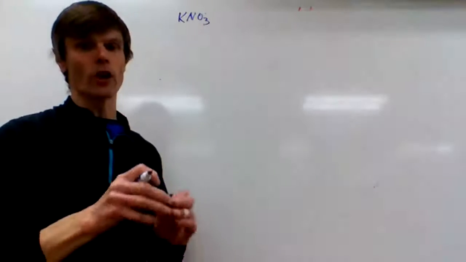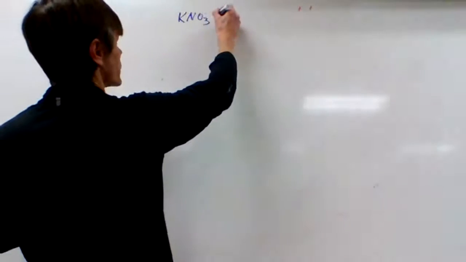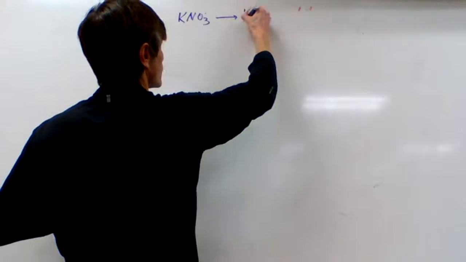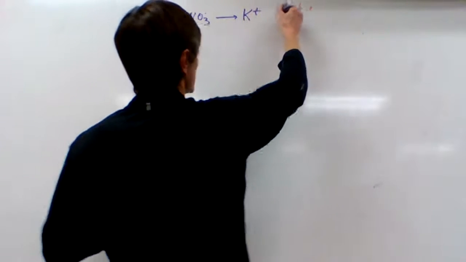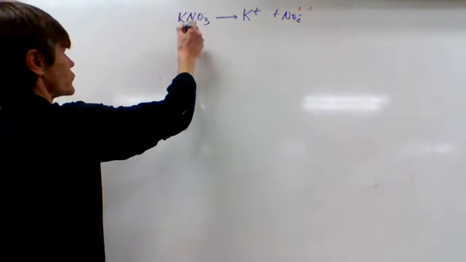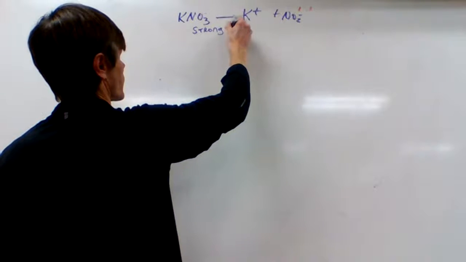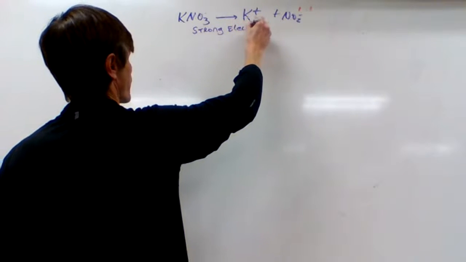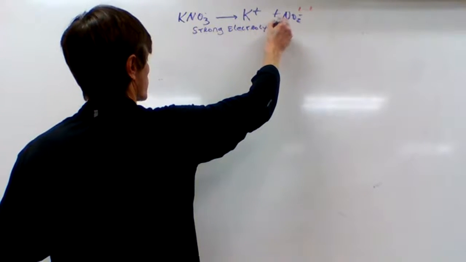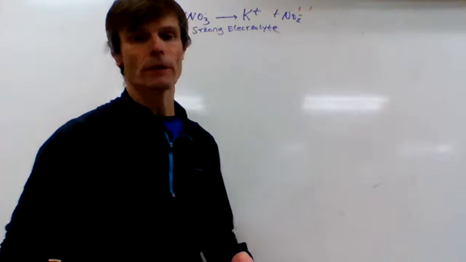Potassium nitrate, we already discussed it. If we put potassium nitrate into water, we get potassium and nitrate ions. And this is a strong electrolyte. Breaks up completely, ionizes completely.